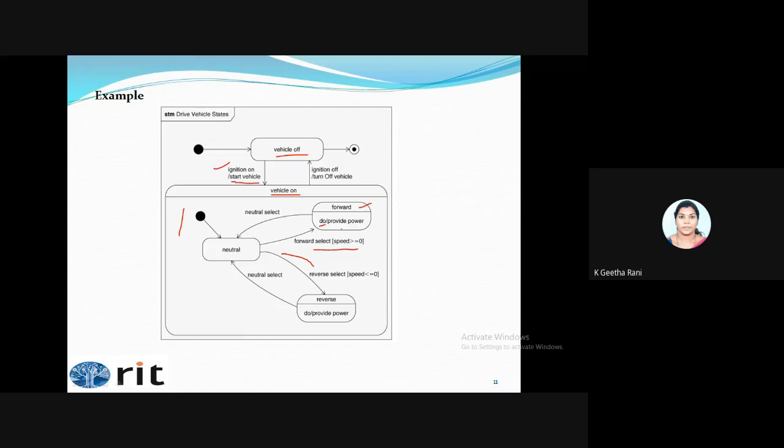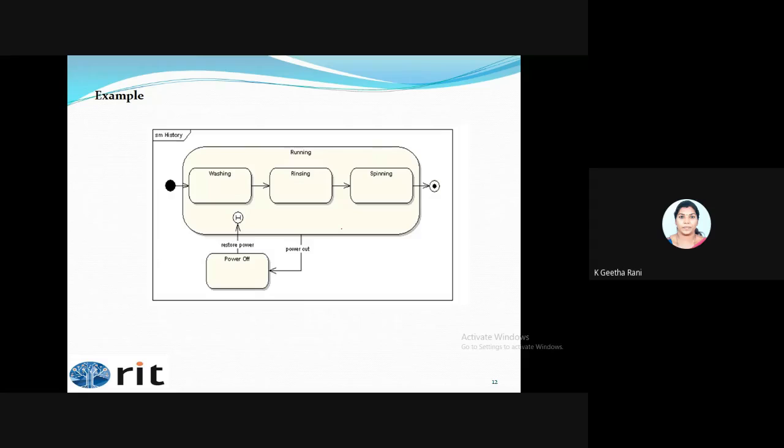Next we will see one more thing, which we saw yesterday, called the history pseudostate. How do you represent the history pseudostate? Using a circle along with the H. The concept is that wherever you stop, it will resume from there. That is the concept of history.